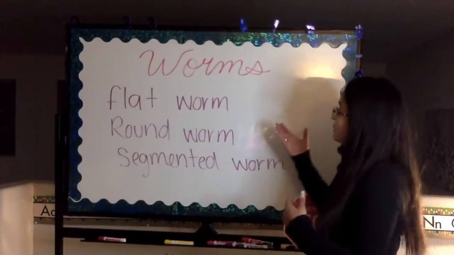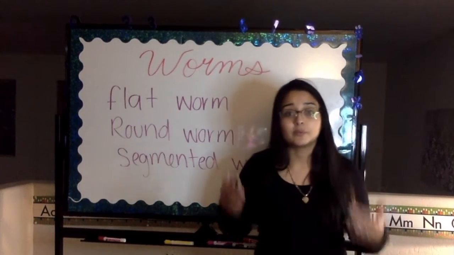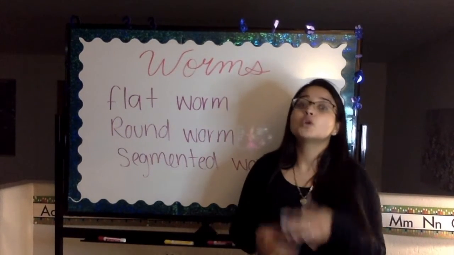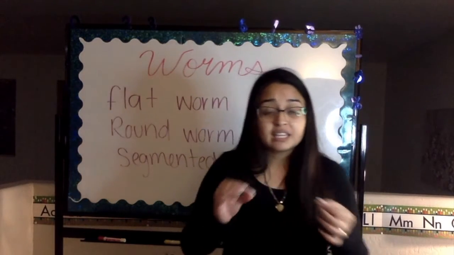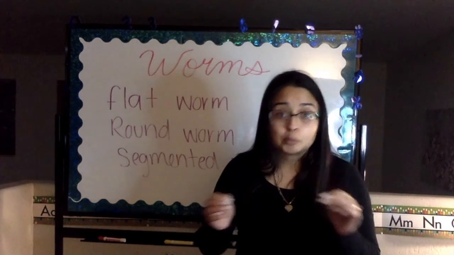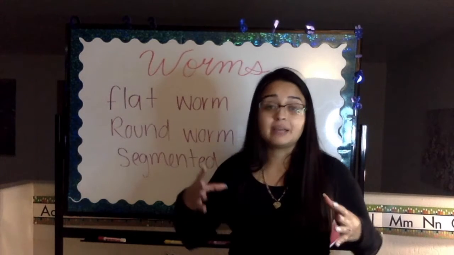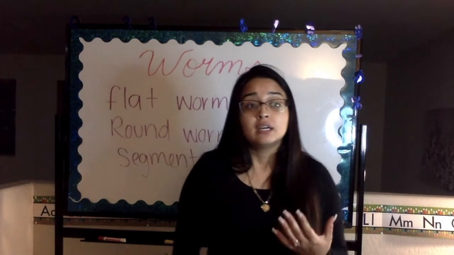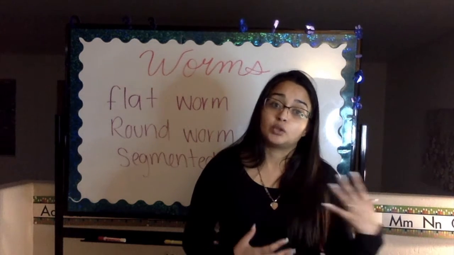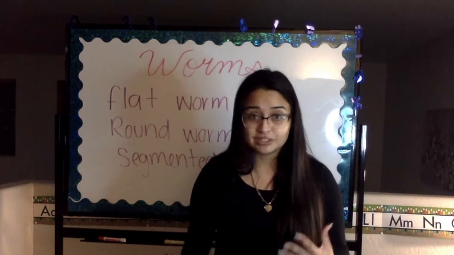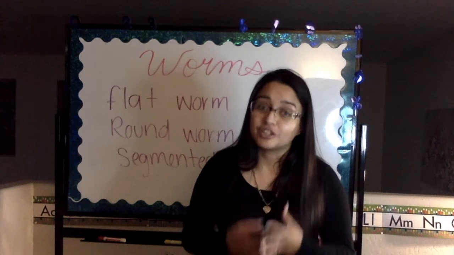Moving on, roundworms. Roundworms are actually the most common type of worm there is out there. They are thin, tube-like, smooth. They live in soil. They are free-living. That means they don't need a host or to live on another organism.